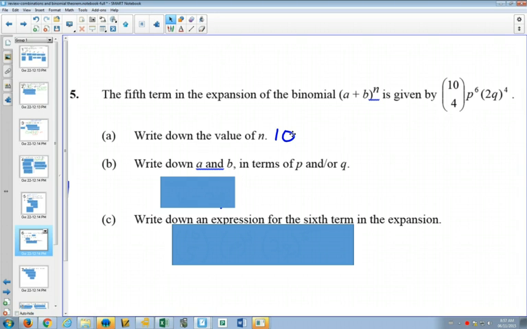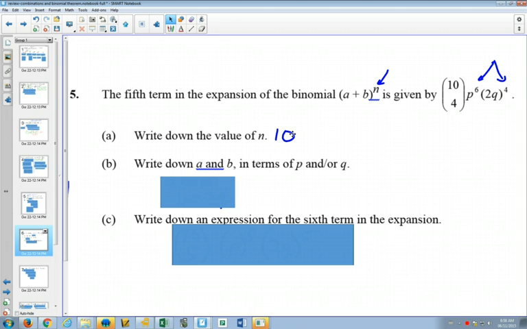The other thing is, right here and here, these 2 numbers will always add up to whatever this number is, in this case 10. So that could be another way. If they'd actually given you a number, 10 choose 4 is equal to something big, and that number was written there, you could figure it out from there.